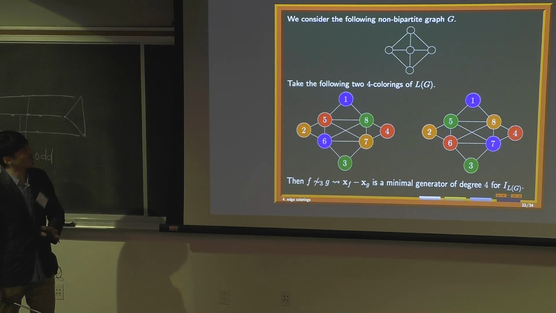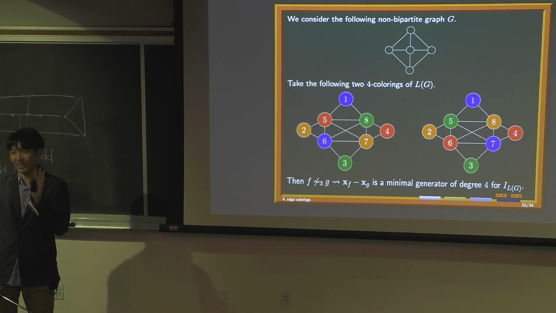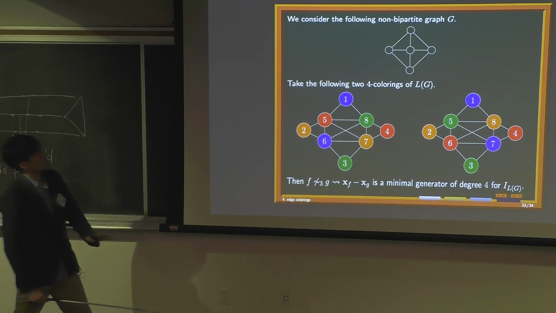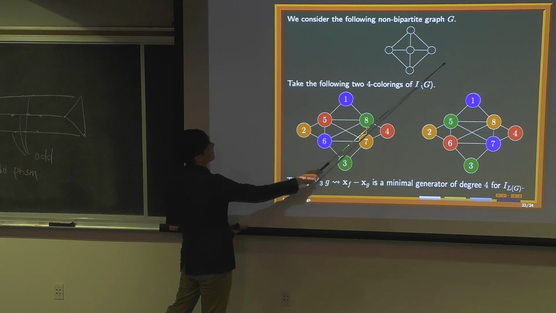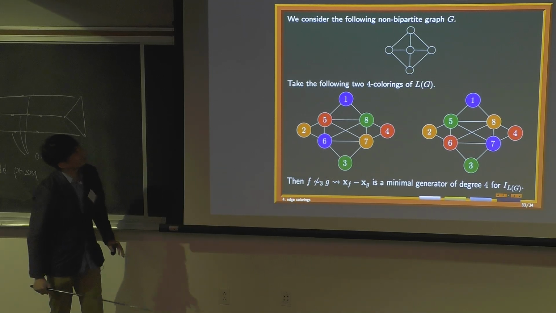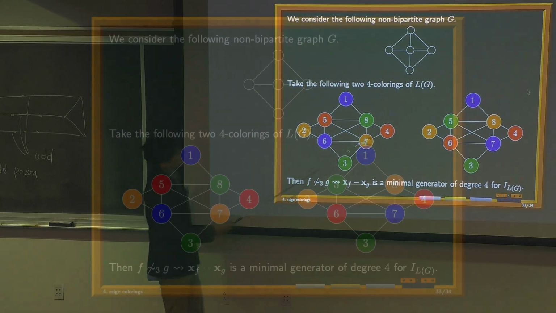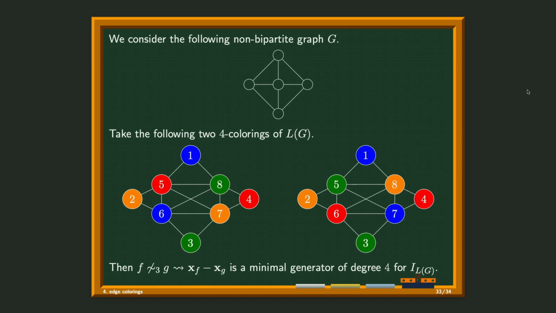Anyway, now we consider the non-bipartite case. We consider this graph. Then these 4 colorings are not 3-colored equivalent.